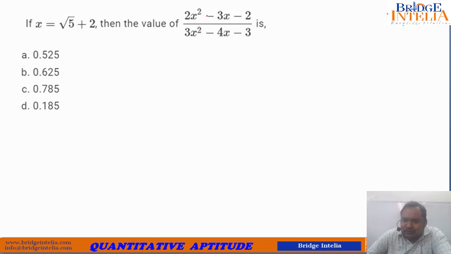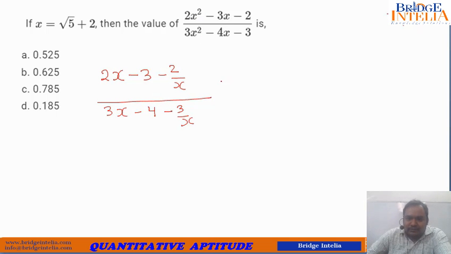So if you divide both numerator and denominator by x, then what you have been asked to calculate actually transforms into (2x minus 3 minus 2 by x) whole divided by (3x minus 4 minus 3 upon x).